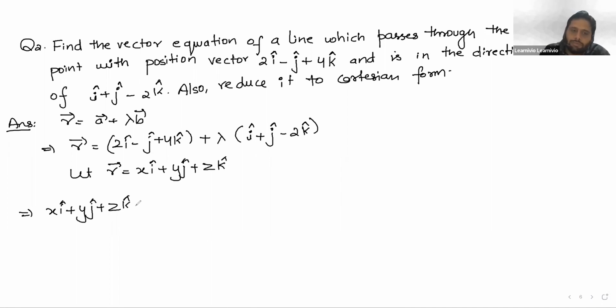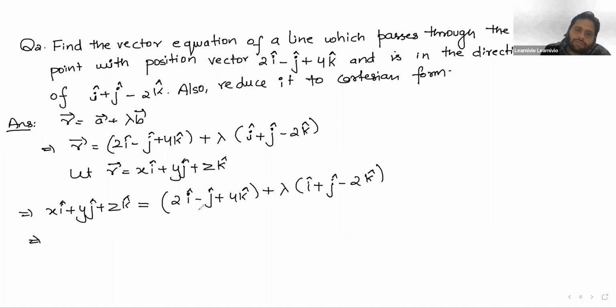What you will get is x i cap plus y j cap plus z k cap. That is very simple, but we need that in some questions also. So it equals 2 i cap minus j cap plus 4 k cap plus lambda times (i cap plus j cap minus 2 k cap). Now shift this to the left side.